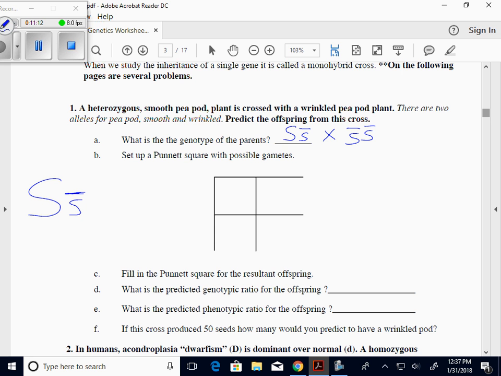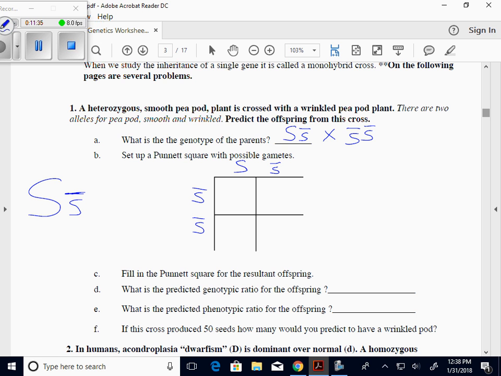Now, the next step is to set up my Punnett square. I put the capital S and the lower s in the appropriate spots. Then my other one is a lower s and a lower s. Now go through, you've worked Punnett squares.